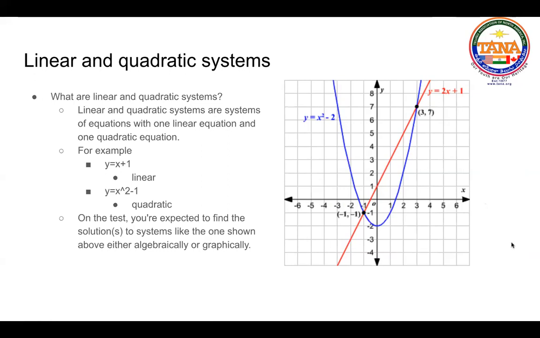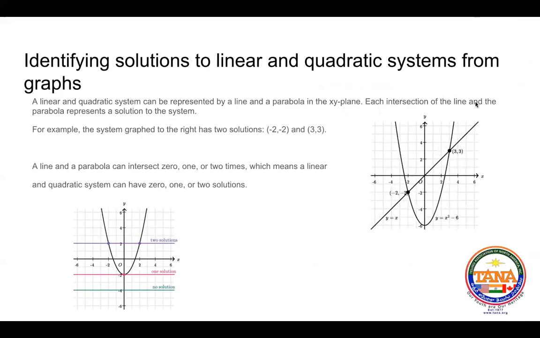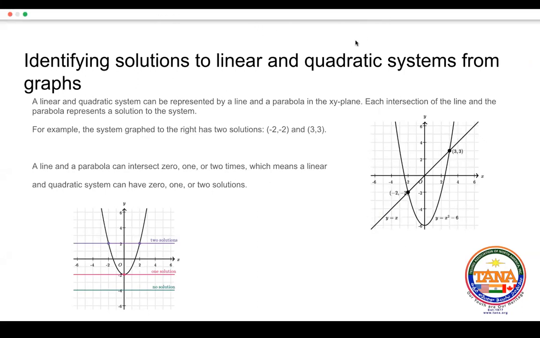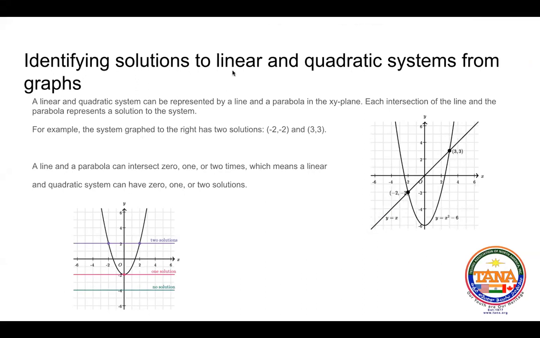In this case, you're provided a graph, so you're supposed to find solutions to the system. So, identifying solutions to linear and quadratic systems from graphs. A linear and quadratic system can be represented by a line and a parabola, which is, as I said before, a linear and a quadratic equation. Each intersection of the line and the parabola represents a solution to the system.